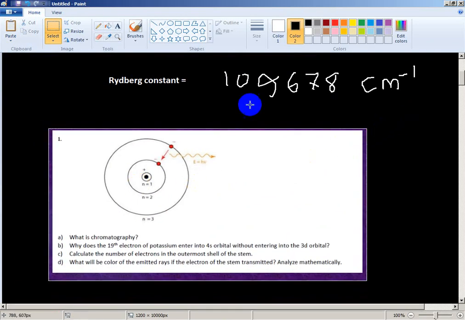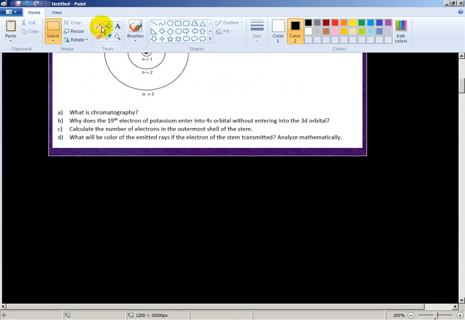Okay, question number C. Calculate the number of electrons in the outermost shell.